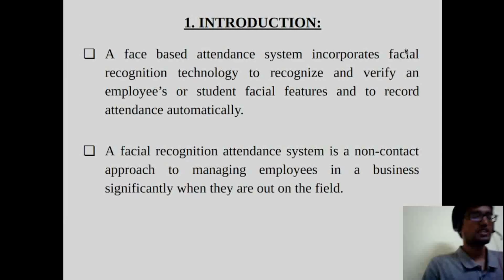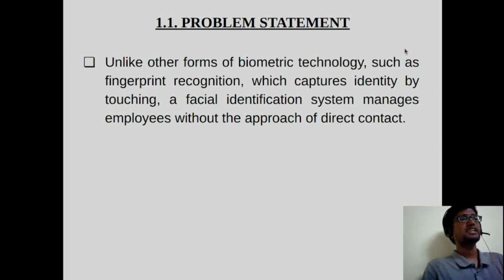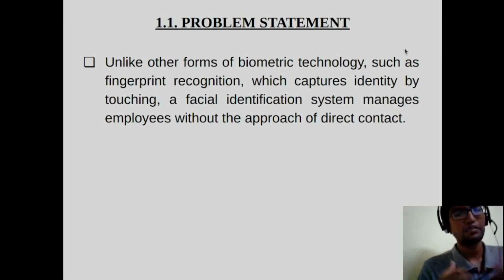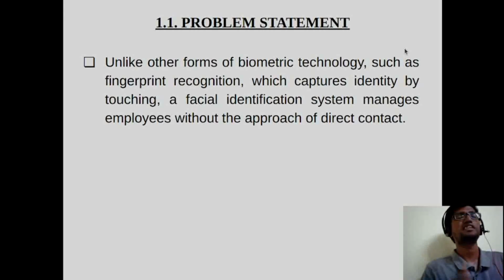Previously I stated the problem statement, and now I give the solution to this problem statement. What are the problems? As I already told, biometric fingerprint recognition, QR codes, and noting down attendance in notebooks all involve direct contact.